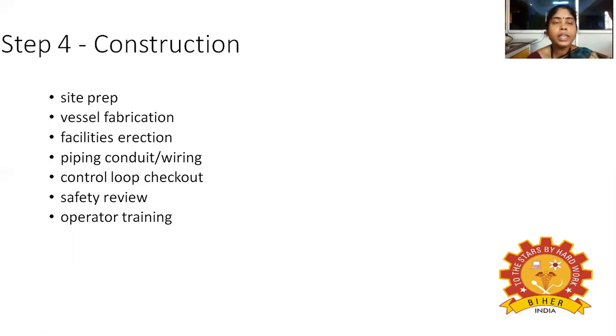The fourth step is construction. Once all the data defined in the definitive detailed design has been collected from your preliminary design, we have to construct everything taken into consideration to build the whole plant for the process development.